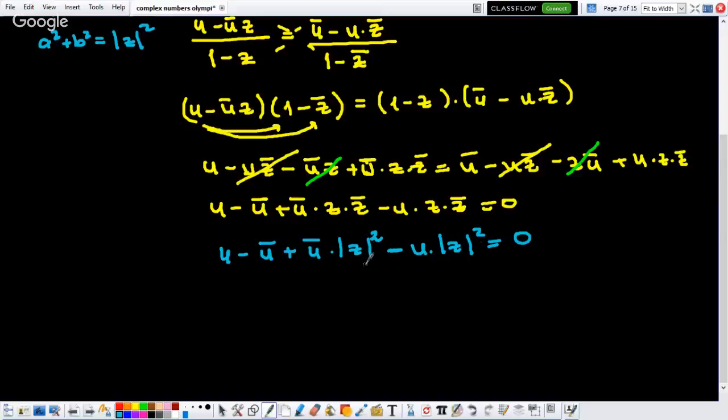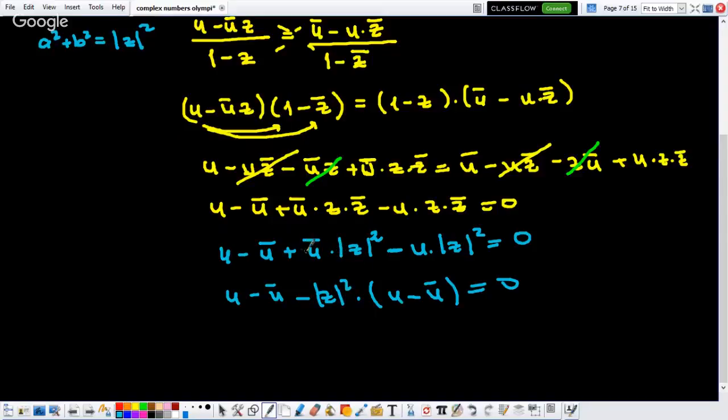As you see here, if I factor out modulus z square in parentheses, u minus u conjugate, I get minus modulus z square. Normally this one has plus, but if I take out minus, this sign must be minus to get this term.